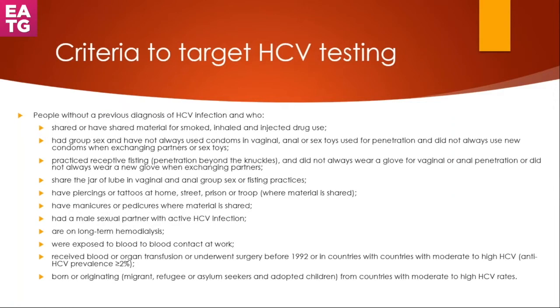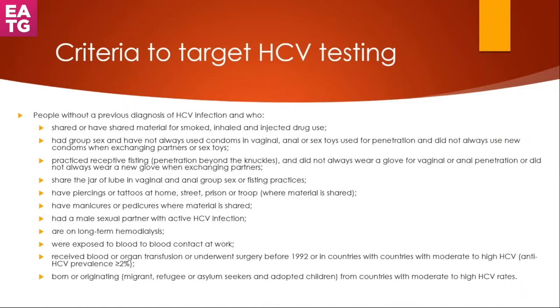The criteria to target hepatitis C testing are even bigger. So people without a previous diagnosis for HCV infection and who share material, had group sex without using a condom or without changing the condom when exchanging partners.